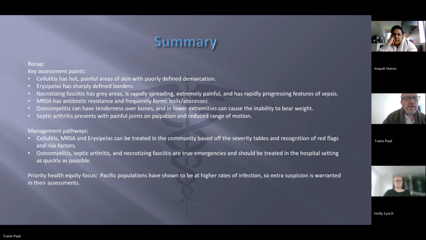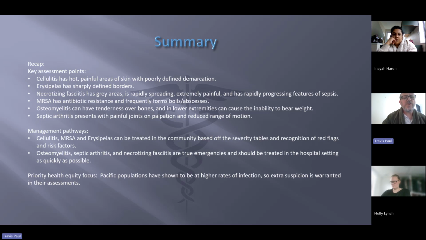So, to recap, cellulitis has hot, painful areas of the skin with poorly defined demarcation. Erysipelas has sharply defined borders. Necrotizing fasciitis has gray areas, is rapidly spreading, is extremely painful, and rapidly progresses to features of sepsis.